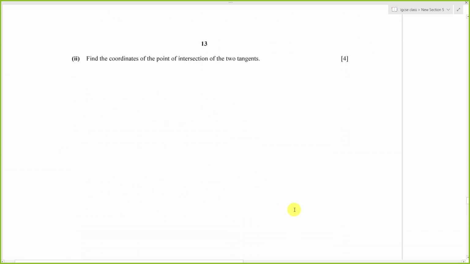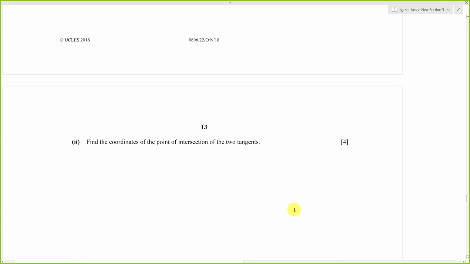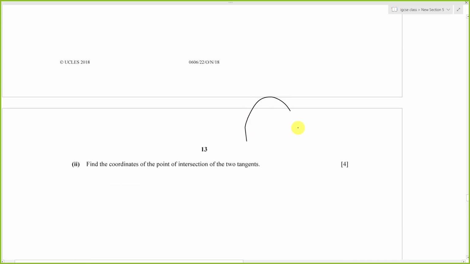Alright, part B, find the coordinates of the intersection of the two tangents. Like what I said just now, these two tangent lines are going to intersect each other at one point. But you don't need to understand the diagram to do this question, because intersection basically means subbing both equations into each other. Do you have any faster way?